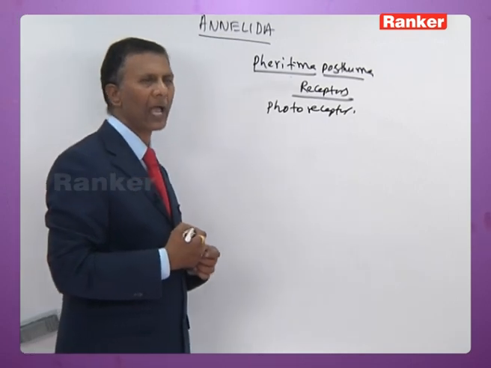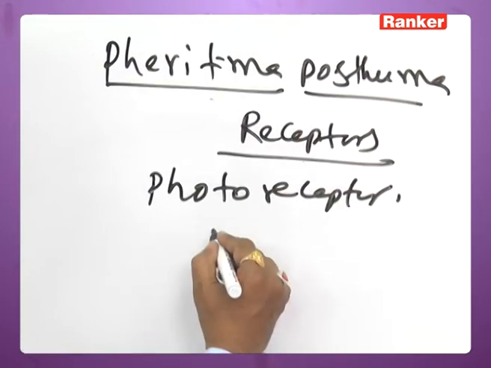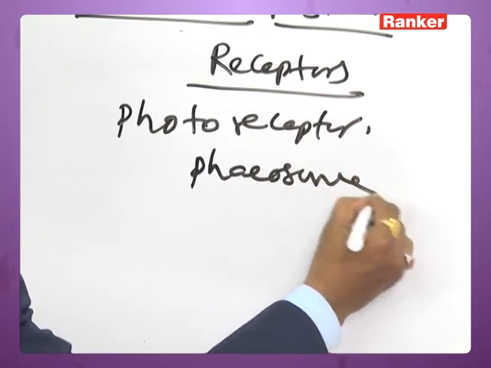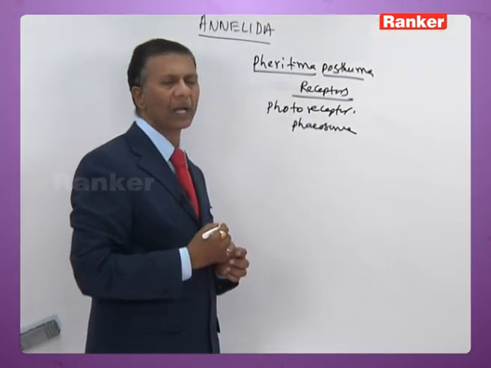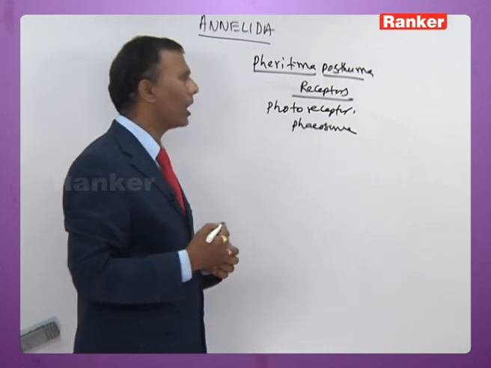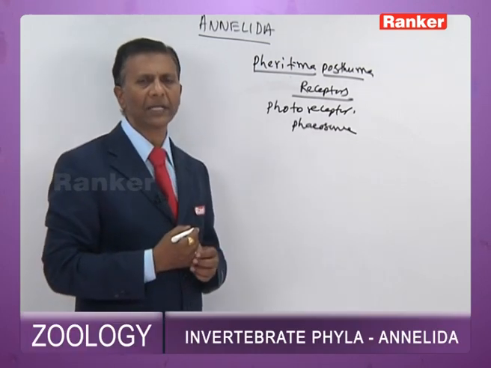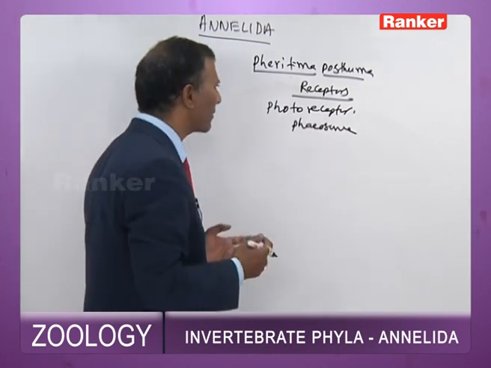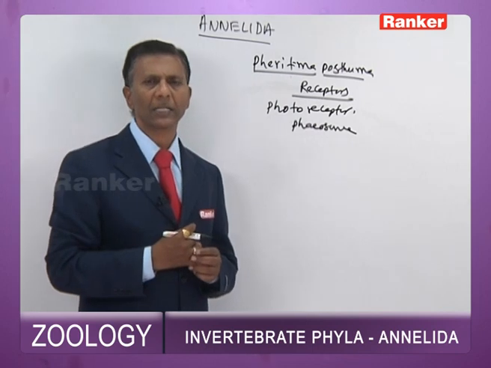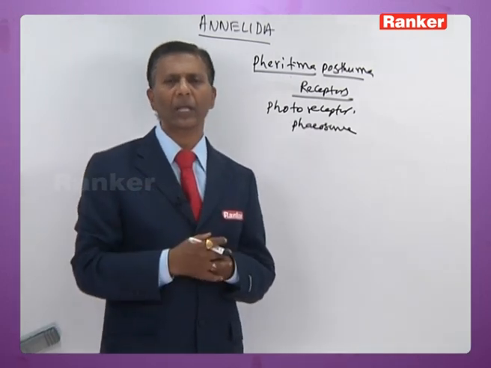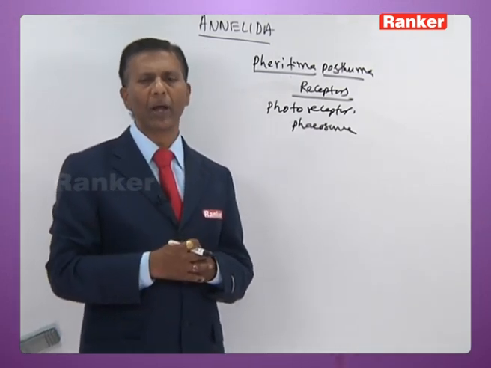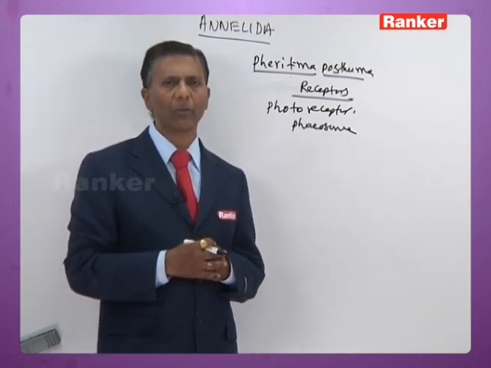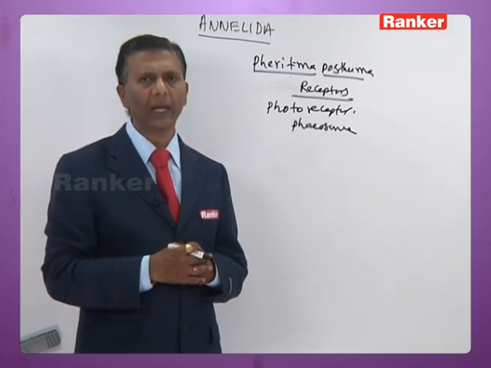Each photoreceptor has an L-shaped lens called the phaosome, or optic organelle, that helps in reflecting the light rays onto neurofibrils. Apart from this, the earthworm has buccal receptors, which are confined to the buccal epithelium and are chemo and olfactory in function, and tactile receptors are present all over the body.